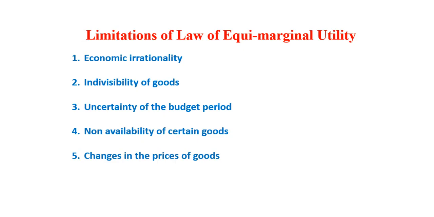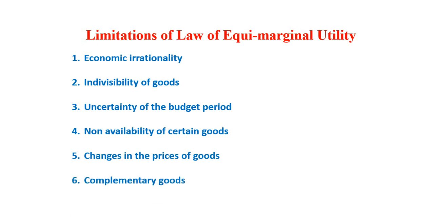Changes in the prices of goods. The prices of goods often fluctuate in the market, with the result that their utilities also keep changing from time to time. As such, it becomes difficult to compare their marginal utilities for the purpose of maximizing satisfaction. Frequent changes in prices thus obstruct the working of the law.